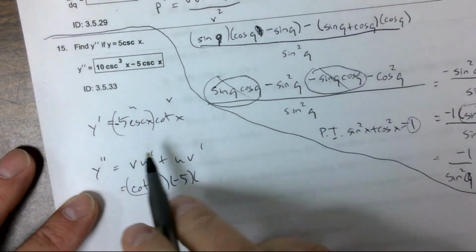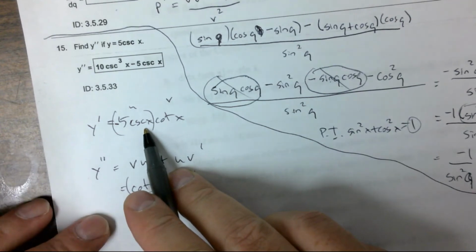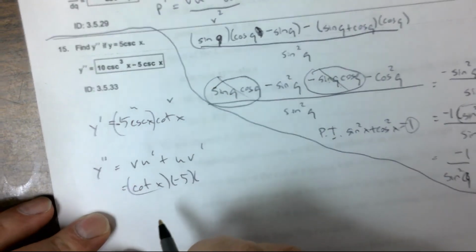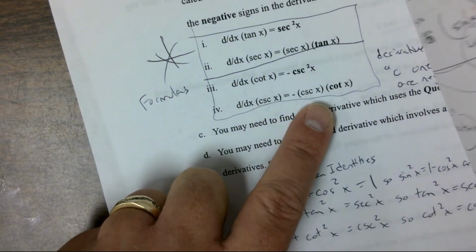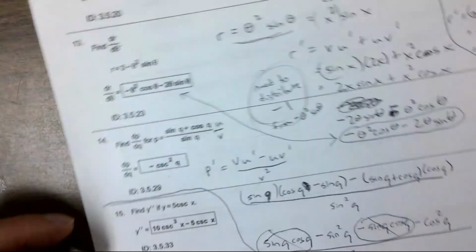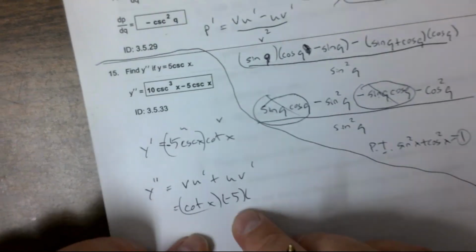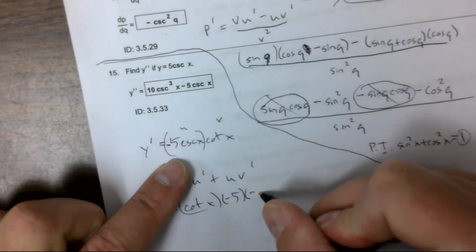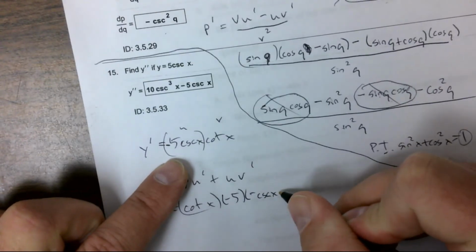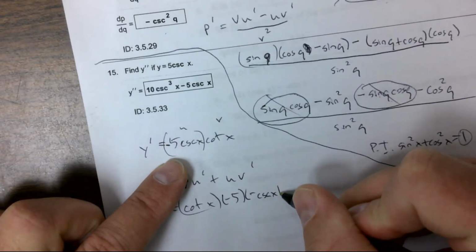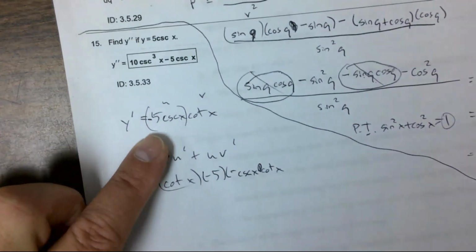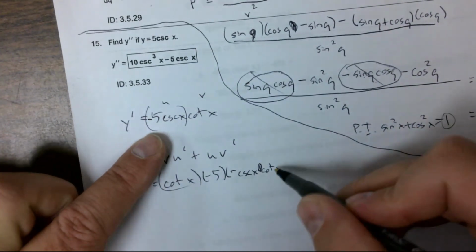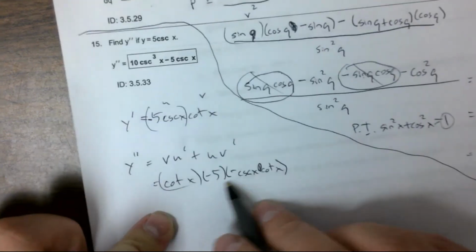Then what was the derivative of cosecant? It was negative cosecant cotangent. Okay, so that's for our first part.